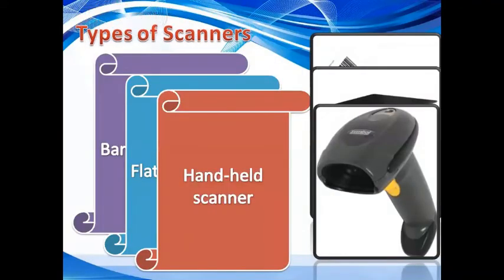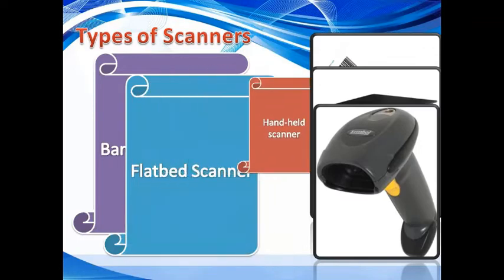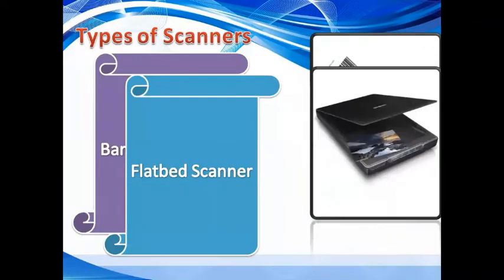So we have different types of scanner. The first type is handheld scanner. As you can see on your screen, this is a handheld scanner which you can hold in your hand easily. The second type of scanner is flatbed scanner. The flatbed scanner is big in size. It just looks like a flat surface.